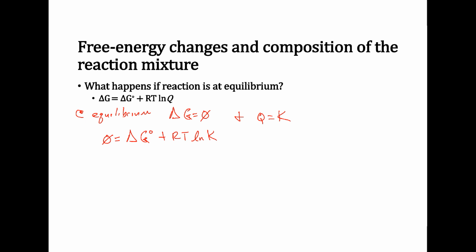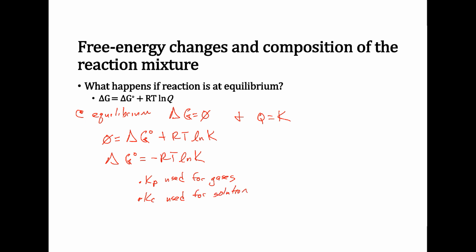If we rearrange this, we can say that delta G standard is equal to negative RT ln of K for standard conditions. For K, Kp will be used for gases and Kc used for solutions.